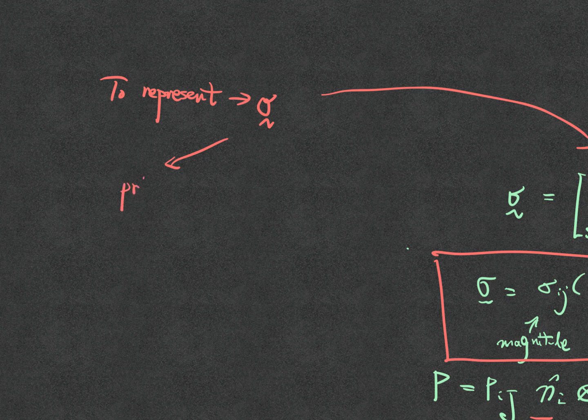Then I will have two types of representations. One is called the principal values, or in this case, since this is stress, the principal stresses, which are sigma 1, sigma 2, and sigma 3. You learned it from undergrad linear algebra, right? Let me ask again: how do you compute the eigenvalues for a 3x3 matrix?